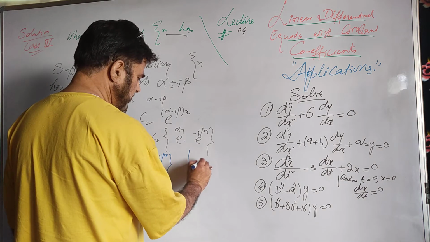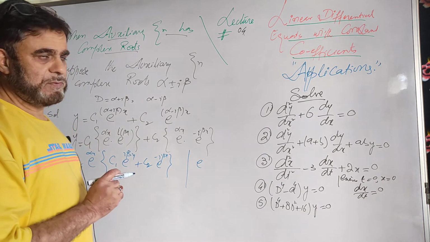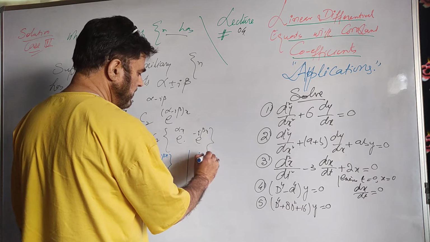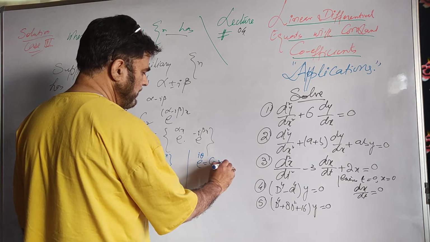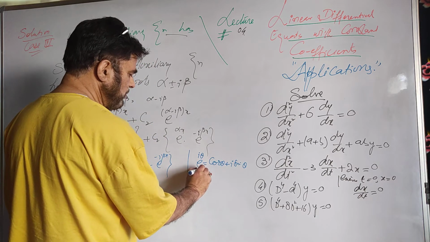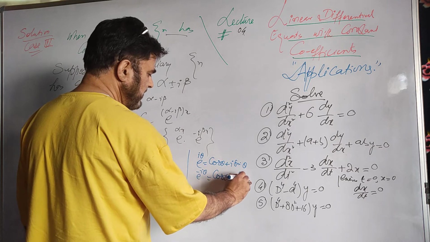You know from complex trigonometry, and if some of you do not know, I will write here, that e raised to power iota theta is cos theta plus iota sine theta, and e raised to power minus iota theta is cos theta minus iota sine theta.